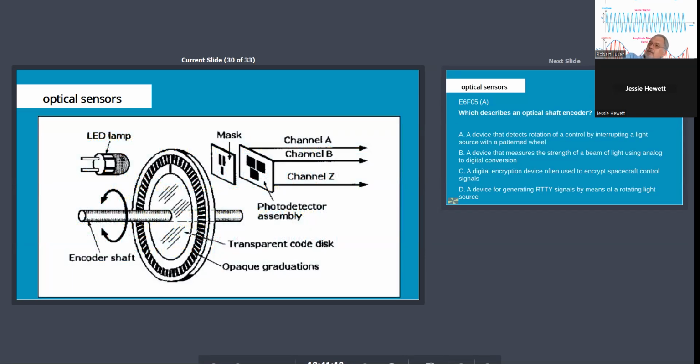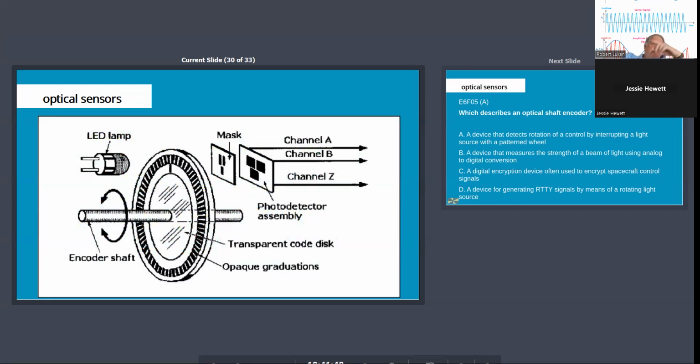There's kind of a simplified version of one. Those code disks are usually laser generated, so they actually have light and dark spots.